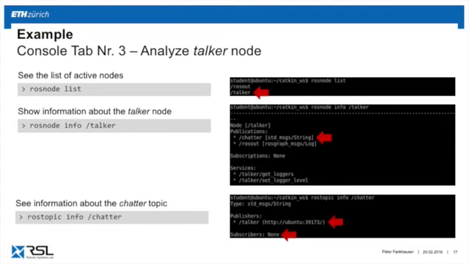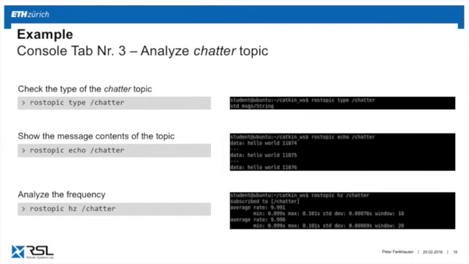So this message is just sent out to nobody yet. So we have started the roscore. We opened up the talker node and we looked at the node. We analyzed it.